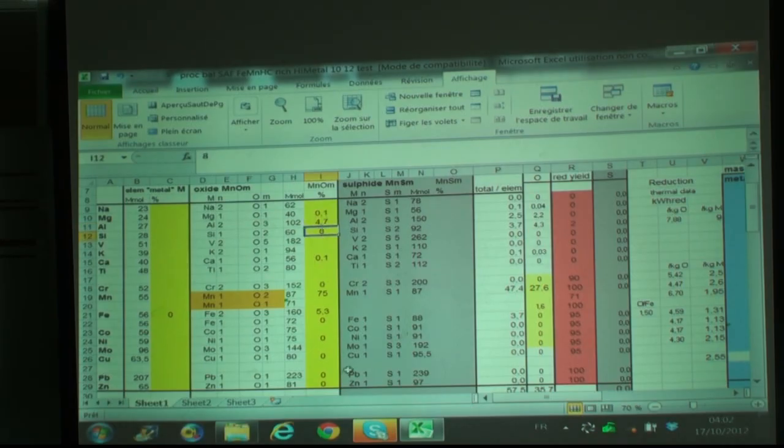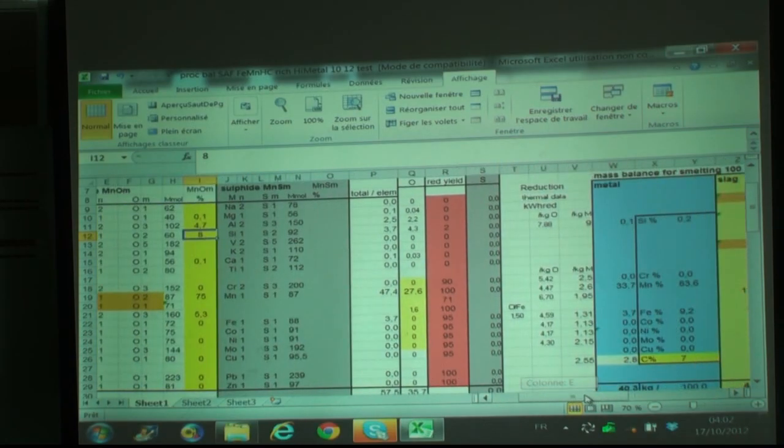We have 8% SiO2. This 8% SiO2 is the sum of 3.7% Si and 4.3% oxygen. And now we say 2% of this will be reduced.